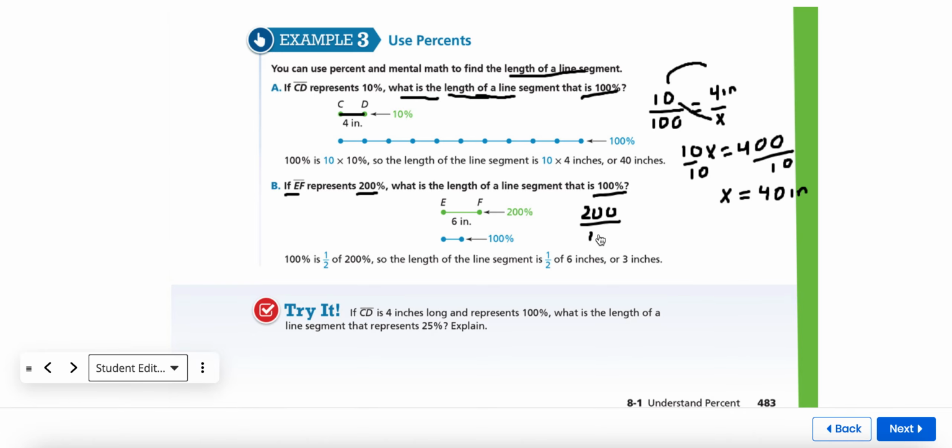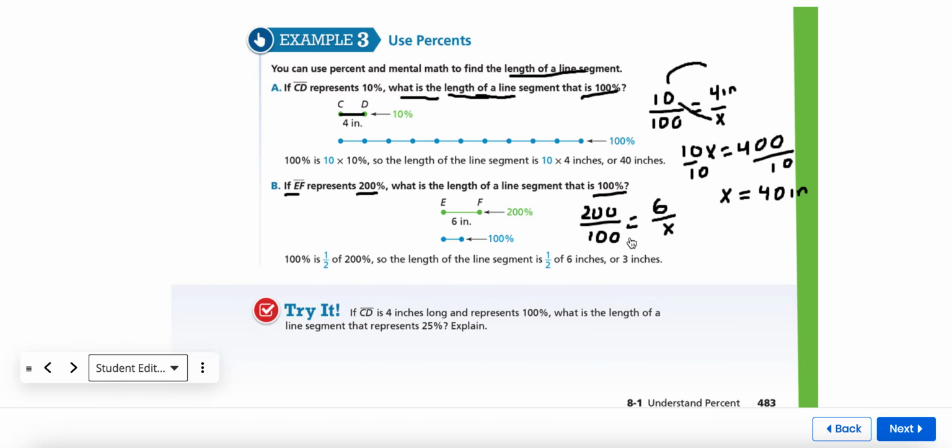Remember, it's always out of 100. I know it looks weird because it's a bigger number. 6 inches is 200%, so the 6 inches go on the top. And at the bottom, we don't know how many inches is 100%, so that's my x.